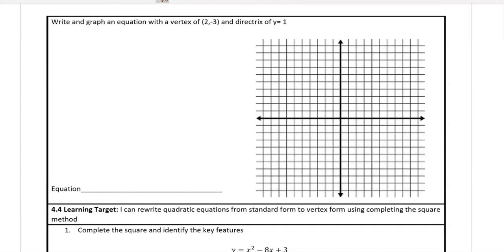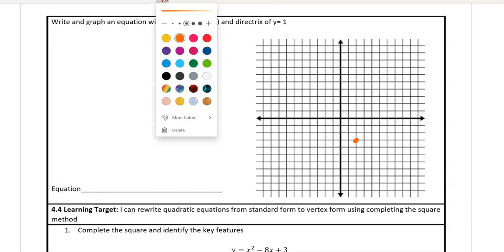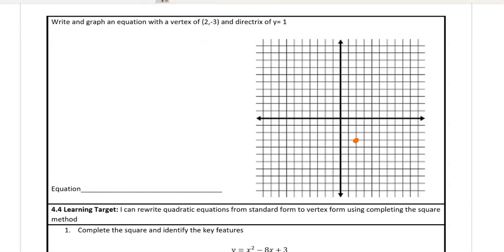Here they give us the vertex 2, -3, and directrix at y equals 1. This is our vertex, so the focus is going to go on the other side of the vertex. Our p-value is right here.